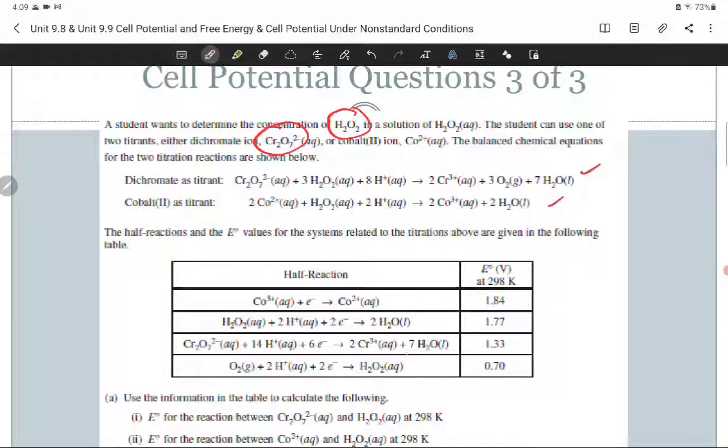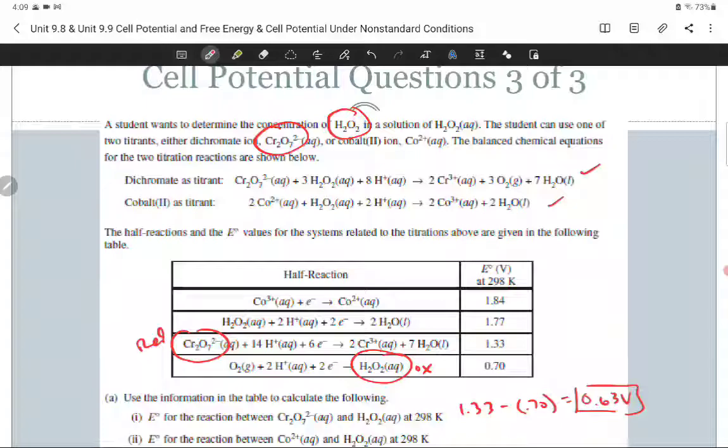So that would work. I think that would be 1.33 minus 0.70. You can't forget that you need something to lose electrons and something to gain electrons. You can't have two reduction reactions.